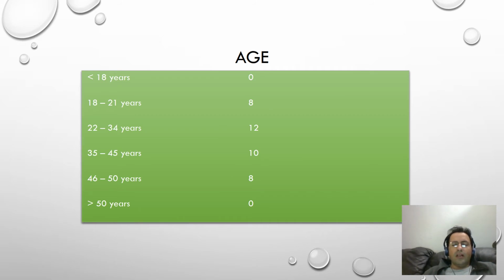There's another benefit: age. If your age is under 18 years, you cannot get any points. But if you are 22 to 34 years old, then you can get 12 points. And if you are 35 to 45, then you can get 10 points.